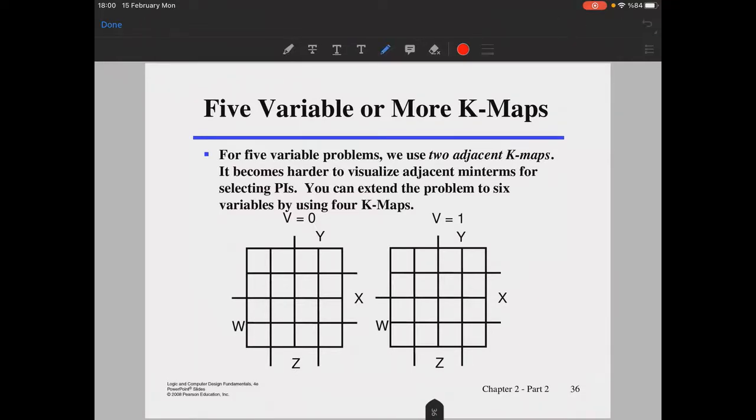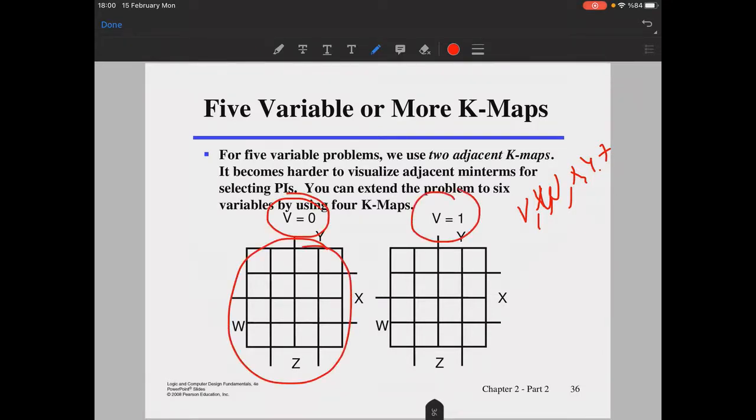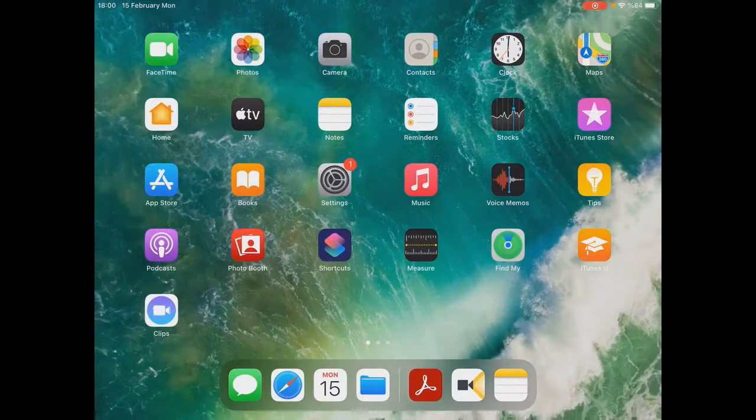So if you have a structure like this, for example, V, W, X, Y, Z, for V equals 0, you need to have a K-map. For V equals 1, you need to have another one. But be careful, this one and this one will be neighbors as well. Just imagine that they are sitting on top of each other. Let me just show you.